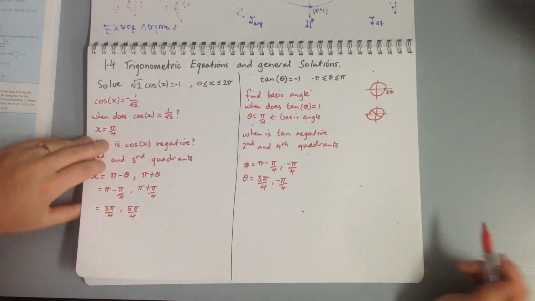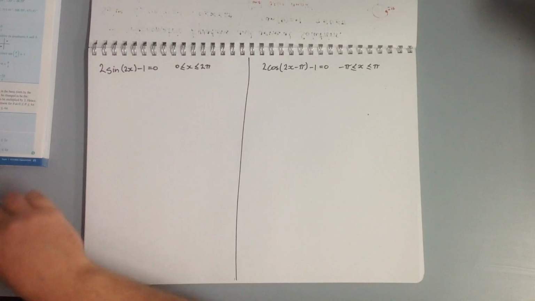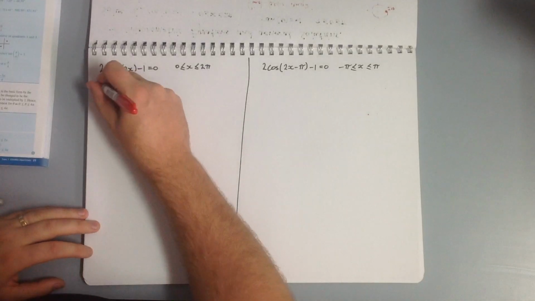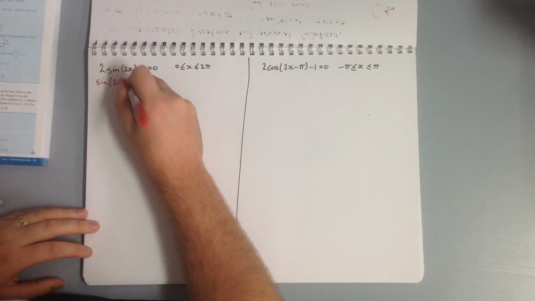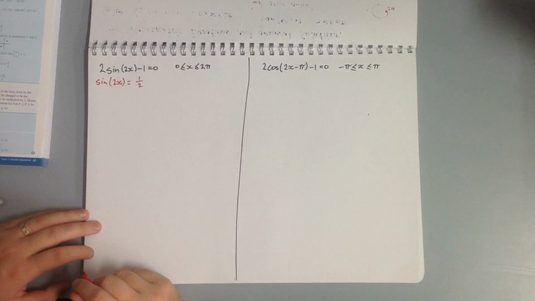Okay, so we'll keep going. They're going to get a little bit harder. For this one, we again need to get this sine by itself. We can go sine of 2x equals positive a half.